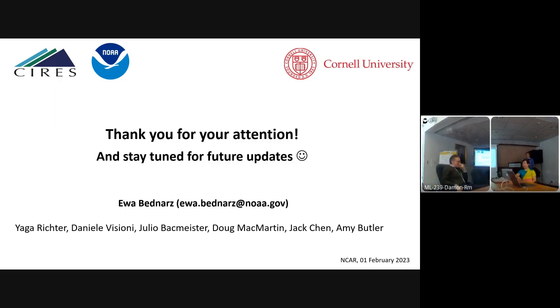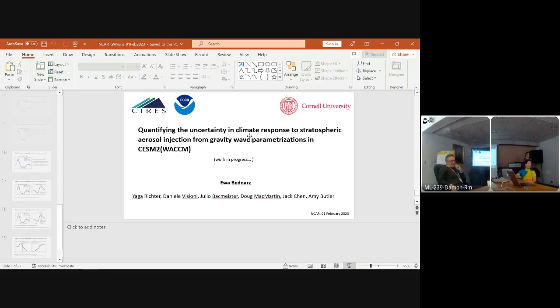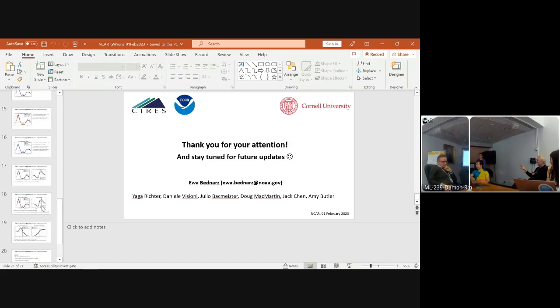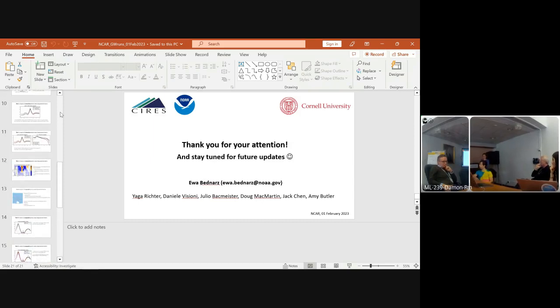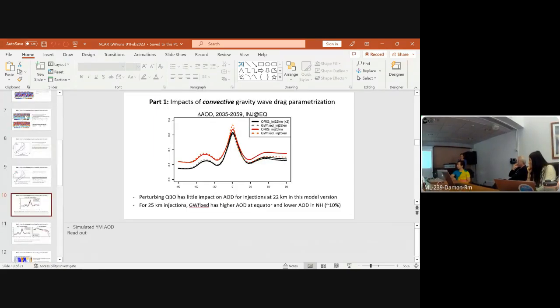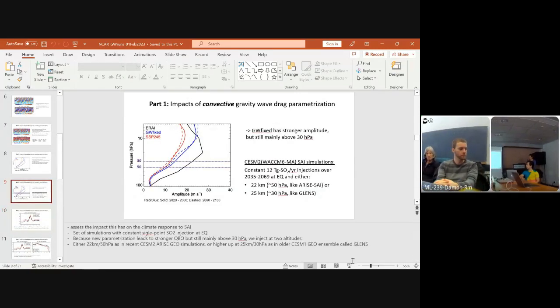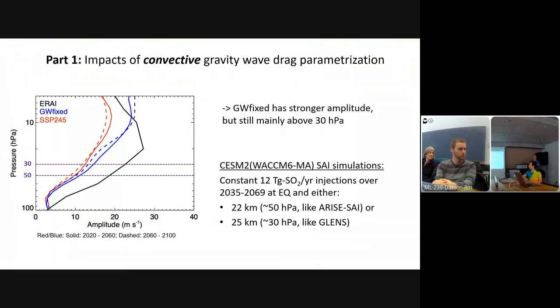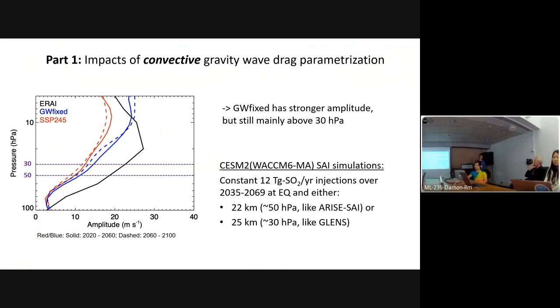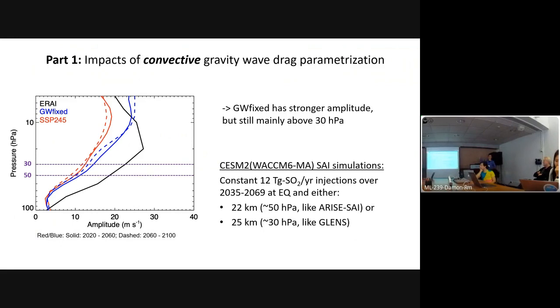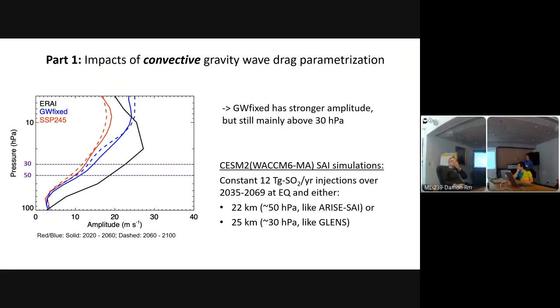So I kind of missed the point with the QBO. You were tuning the QBO and the 70 level differently? Well, we're tuning the whole QBO, but the point is that most SAI simulations are currently done with injections lower down, because it's really hard to imagine flying to 25 kilometers, and the aerosol results start evaporating at some level as you go too high.